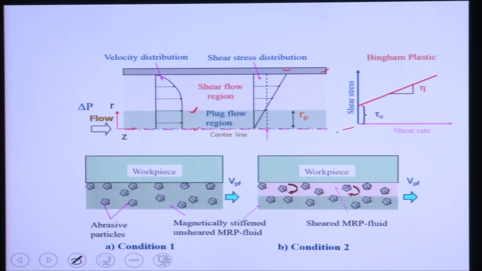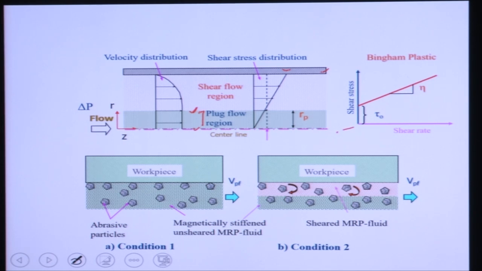This constant velocity region is called the solid core region or plug flow region, because with the application of magnetic field, the MR fluid behaves like a solid. From here to here there is no shear of the fluid.